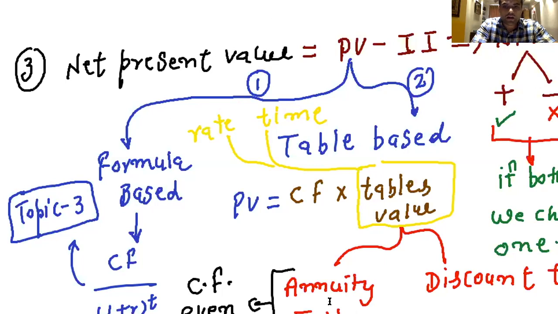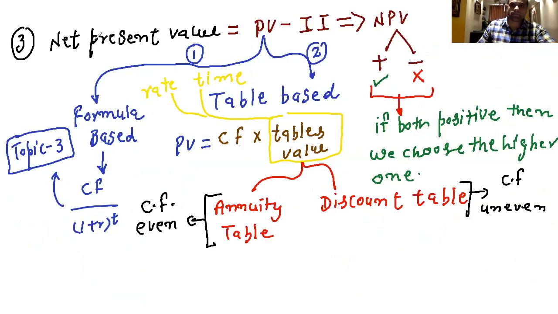But remember one thing before you use this table. I clearly mentioned which one is an annuity table and which one is a discount table.